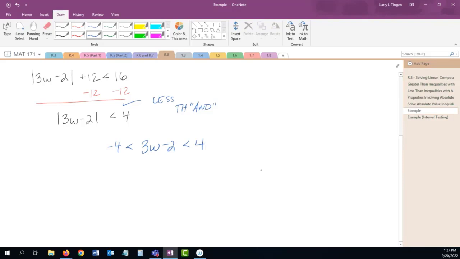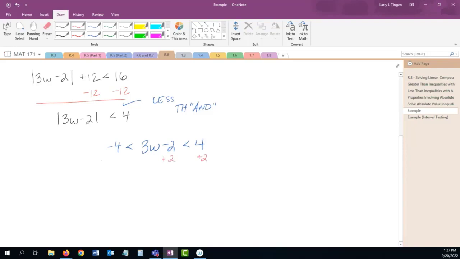So if your absolute value is less than 4, that means my numbers are trapped between 4 and -4, right? Because you remember the idea that if some absolute value is less than 4, the answer is all the numbers that are less than 4 units away from 0. That's why it gets trapped on both sides. The absolute value is gone.